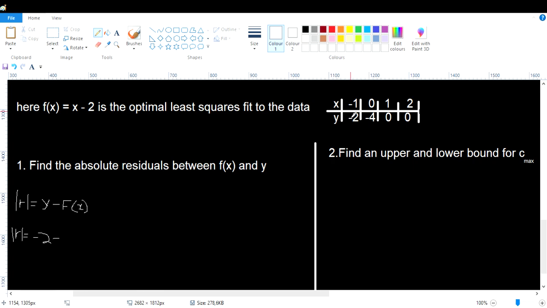Let's substitute this minus 1. In fact, let me put everything inside the brackets here. So it's minus 1 minus 2. Close the bracket.